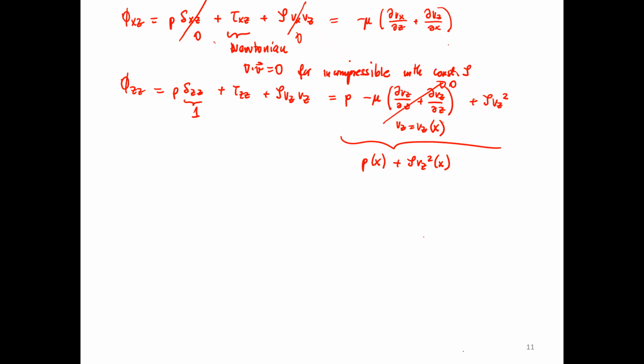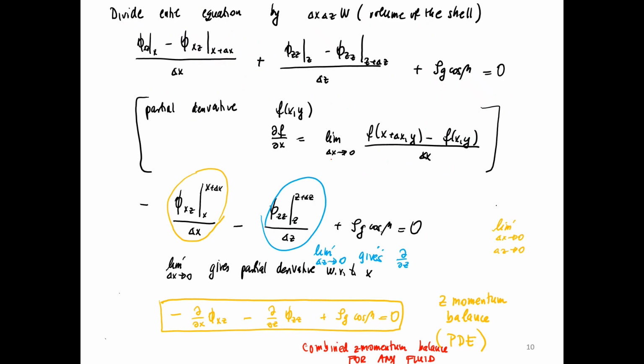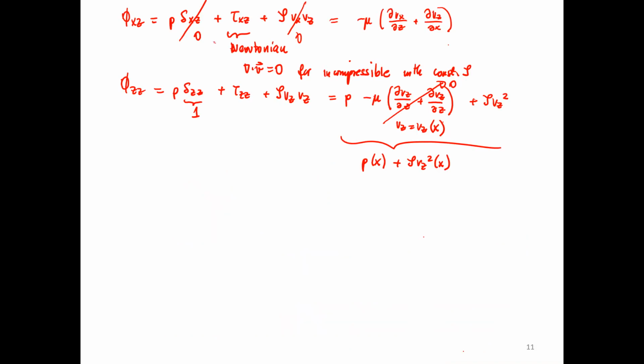So now I'm going to put it into my equation here. I have minus partial x of phi xz minus partial z of phi zz plus rho g cosine beta.